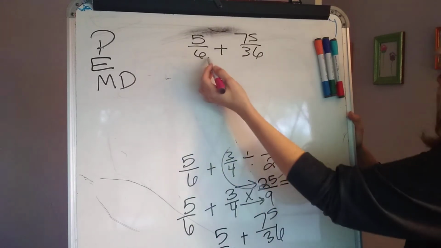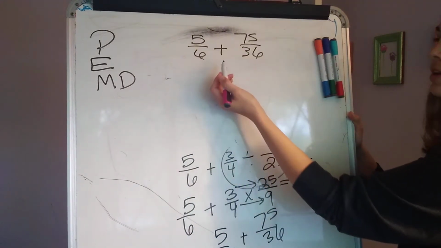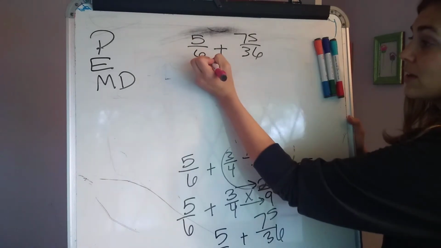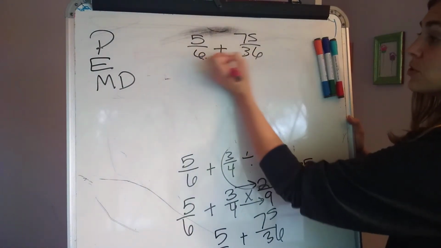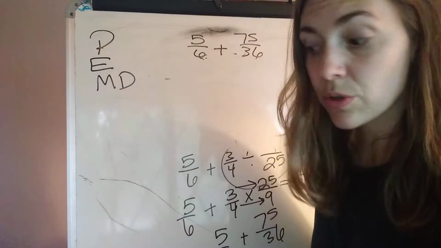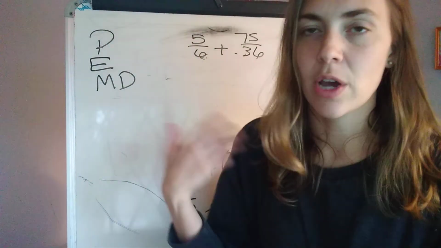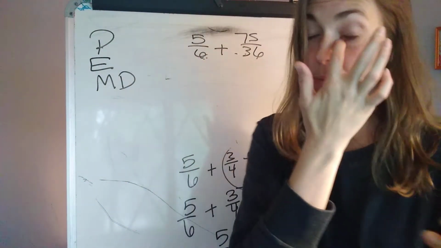What do you have to have in order to add these together? We have to have a common denominator. So I have to find a multiple that these two have in common. That's why we practiced earlier this year how to find the least common multiple. Because if you can find the least common multiple, then you don't have to multiply these two together to try to figure out what a common denominator could be.